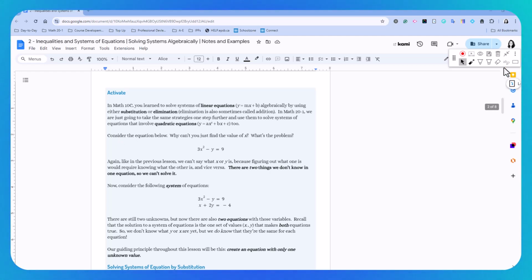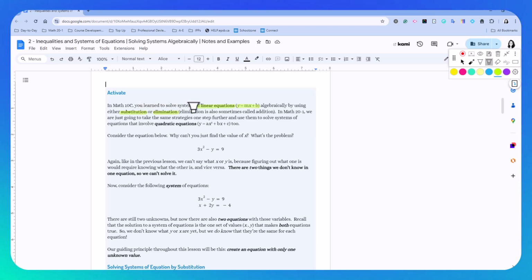You might remember that in Math 10C, you did learn how to solve systems of linear equations. Those were equations that have the form y equals mx plus b, and you solve them algebraically using substitution or elimination.